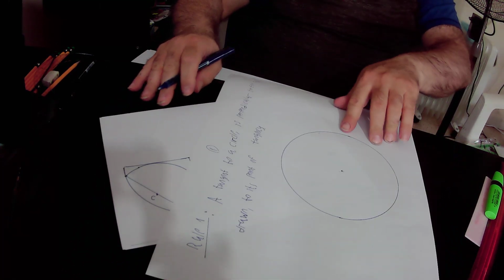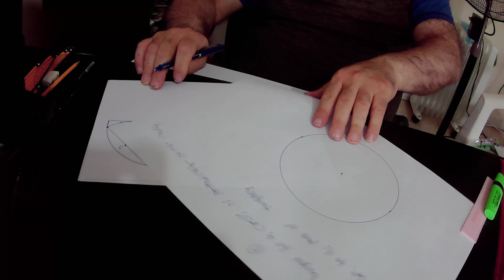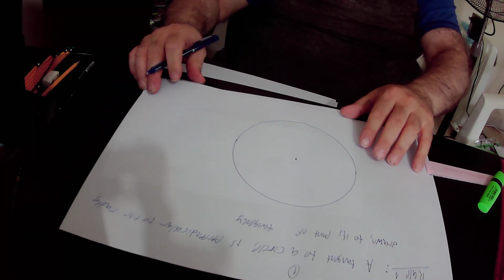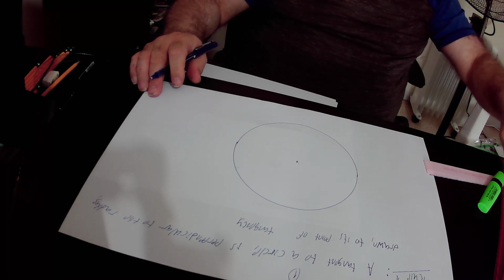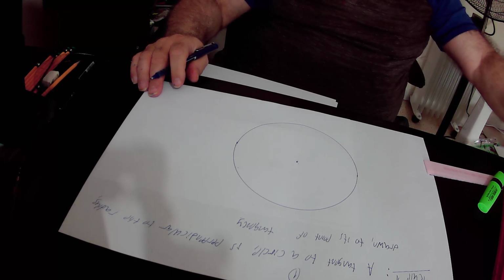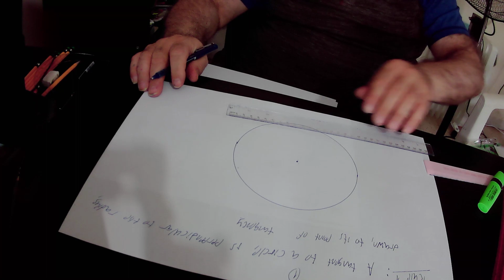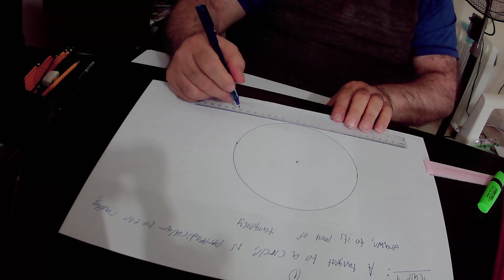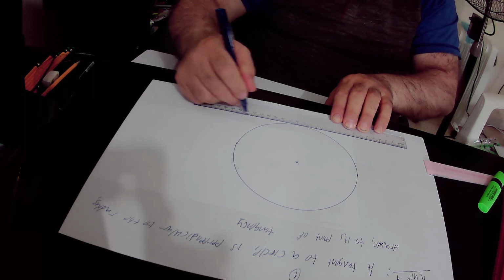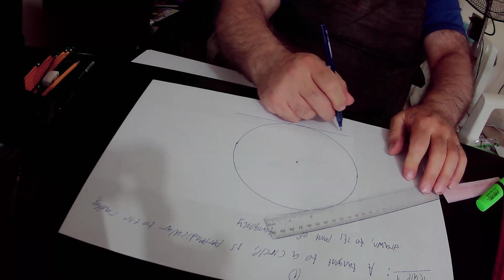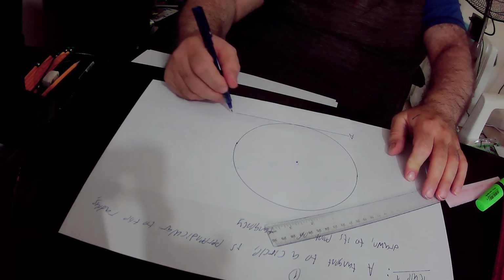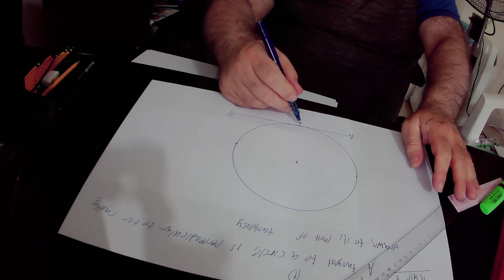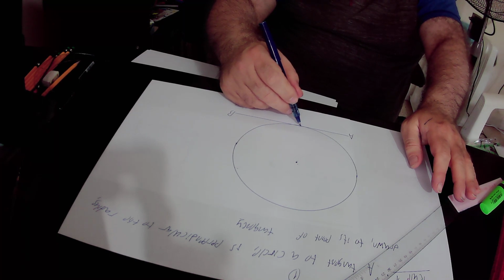The meaning is that if we have this circle and we have tangent AB, this tangent AB is tangent to this circle at this point.